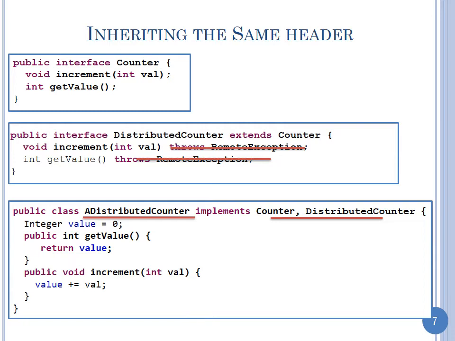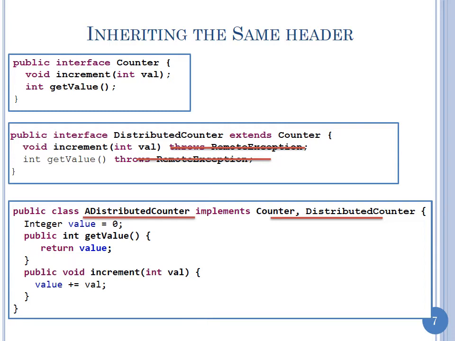Okay, what about this now? This is the question I tried to ask earlier. Can distributed counter extend counter, and let's say there's no throws remote exception. So I now have an interface extending another interface and having the same method headers in it that it's inheriting.